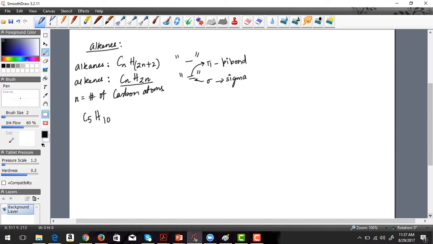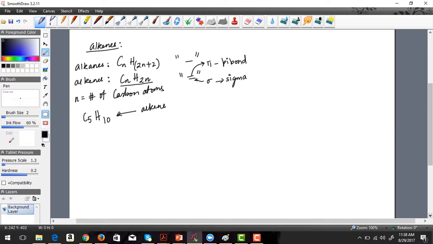If a compound contains a double bond, one of the bonds has to be a pi bond. With that said, since I've told you this is an alkene, it will have a double bond, but later I'm going to give you some workout problems where I will not tell you whether it's an alkene or alkane.